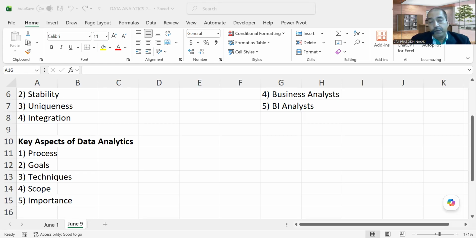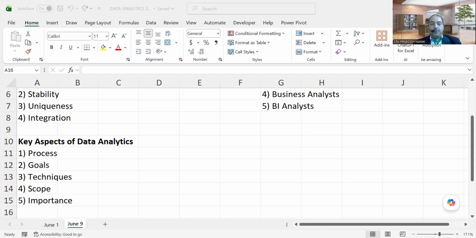Predict the outcomes, predictive analysis. So the process starts with collection of data, cleaning of data, organization of data, analyzing data, and then visualization of data. What is the objective? The objective is to find trends, patterns, correlations, and meaning of data, interpretation of data to support strategic business decisions.